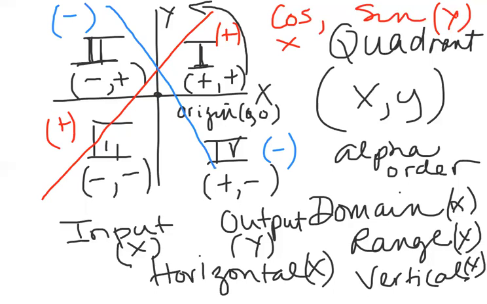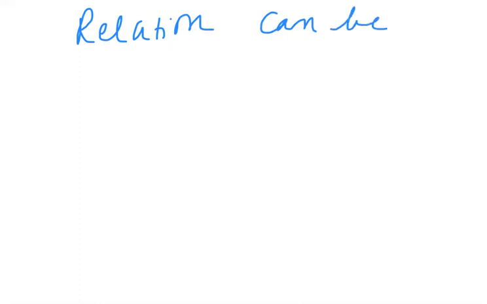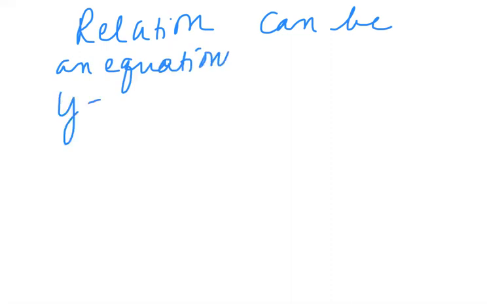I know, okay? So guys, we'll be talking about that some more later on, but let's get back to the business at hand, which are the relations, guys. When we talk about relations, a relation can be expressed as an equation. It could be an equation, something like y is equal to 2x plus 3, okay?